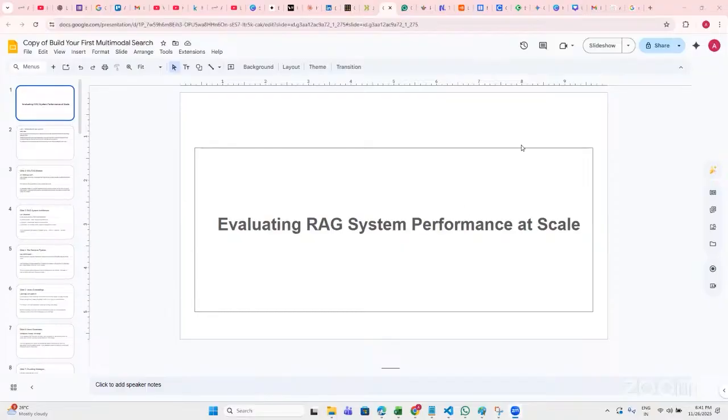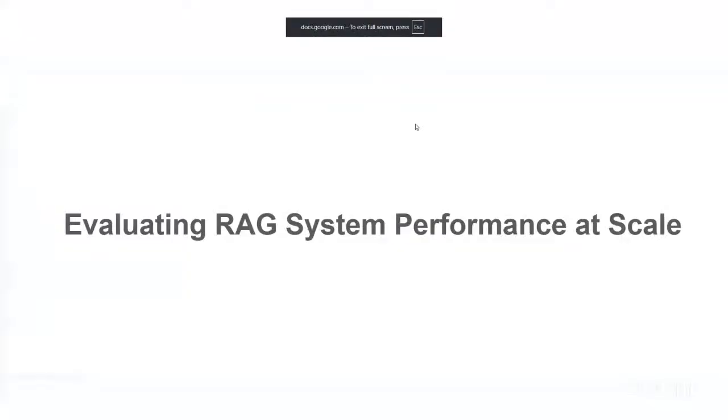Okay, so today's topic is evaluating RAG system performance at scale. In the past few days, we have looked at various types of applications, some agents, some RAG, and I think we also talked somewhere about agents involving RAG as well, right?